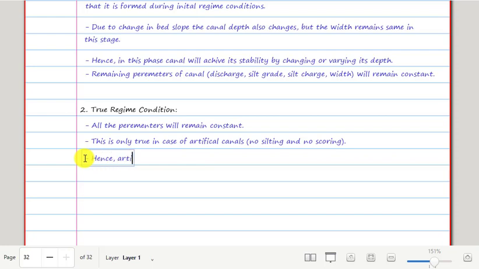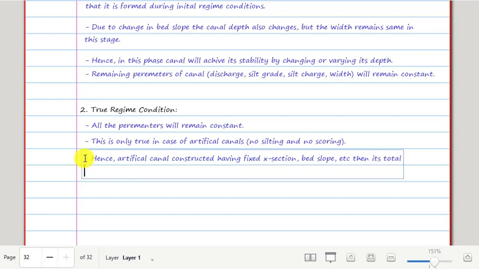Hence, we can say that if an artificial canal is constructed having fixed cross section, bed slope and other parameters, then its total incoming silt grade is equal to outgoing silt, okay, silt grade or silt quantity, and this is known to be an ideal condition.